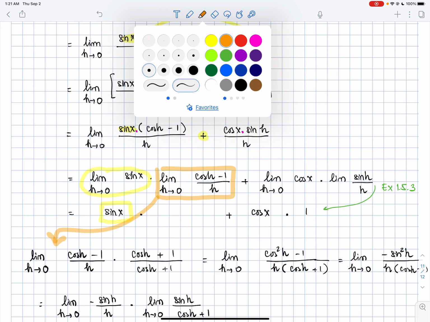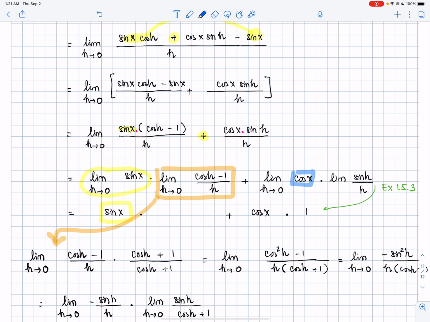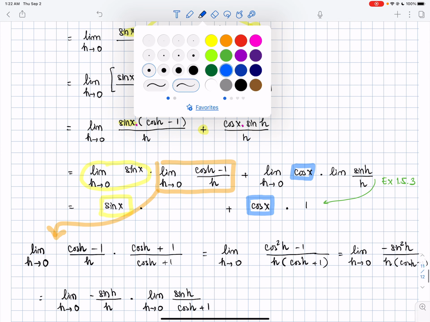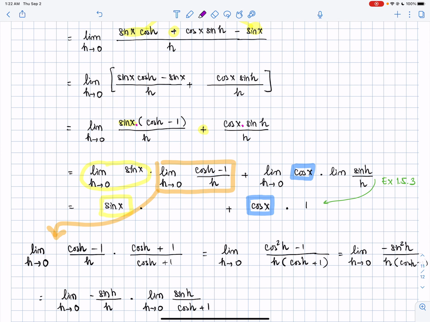Similarly, for the cosine of x, when h approaches 0, the cosine of x does not have h, so the answer would be the cosine of x. And we learned from section 1.5, problem number 3, when we tried to guess the limit of sine of theta divided by theta as theta approaches 0.